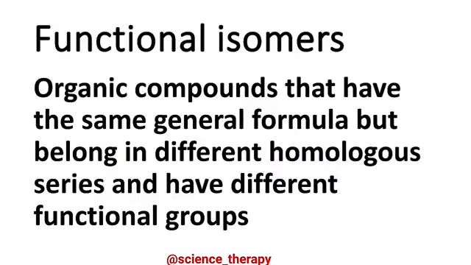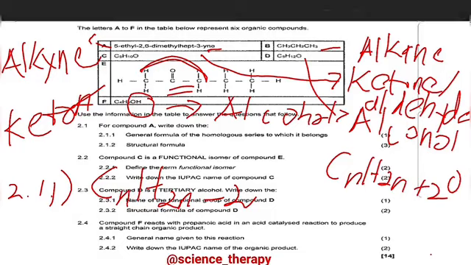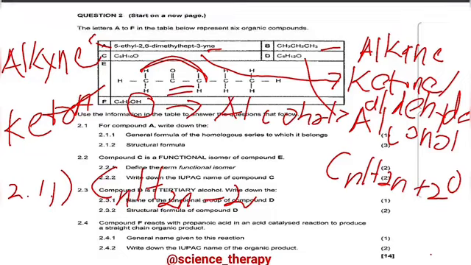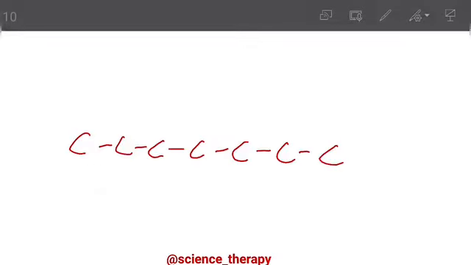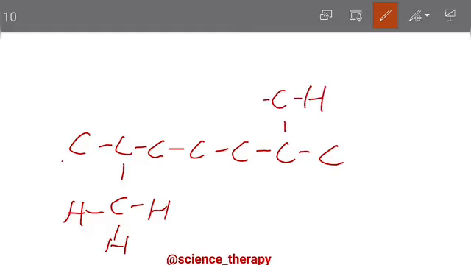Now let's look at where we have our substituents. We have 2, 6. So let's start counting from this side. If we start counting from this side here, our 2 is here. So we have a methyl here, and then also in carbon 6, our methyl there.